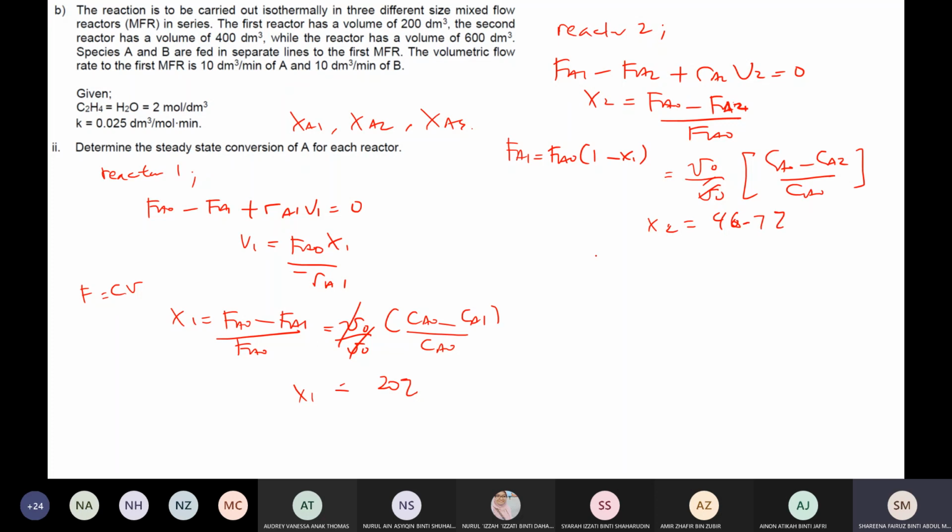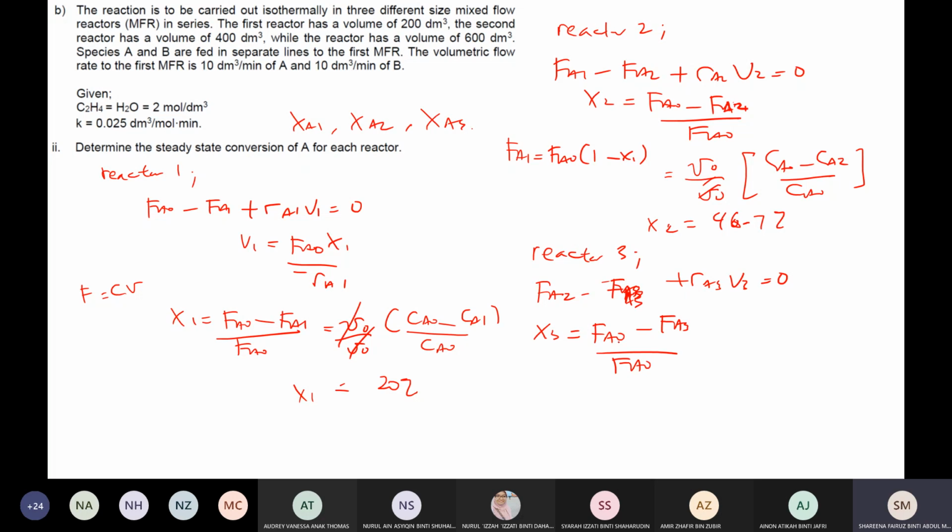Okay, and then mole balance for reactor 3. Sama juga, just replacekan dia sajalah, which is FA2 minus with the FA3. Okay, yang in minus with the out. Okay, plus with the RA3, V3 is equal to 0. So X3 is equal to FA0 minus with the FA3 over with the FA0.